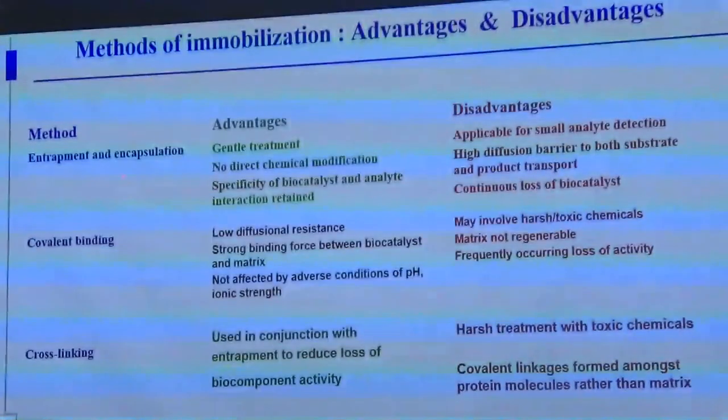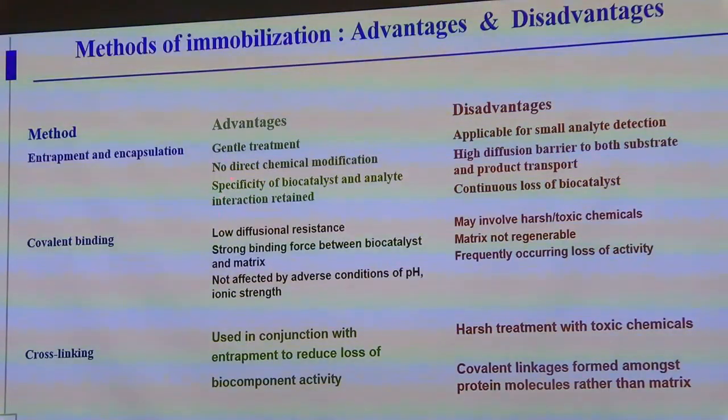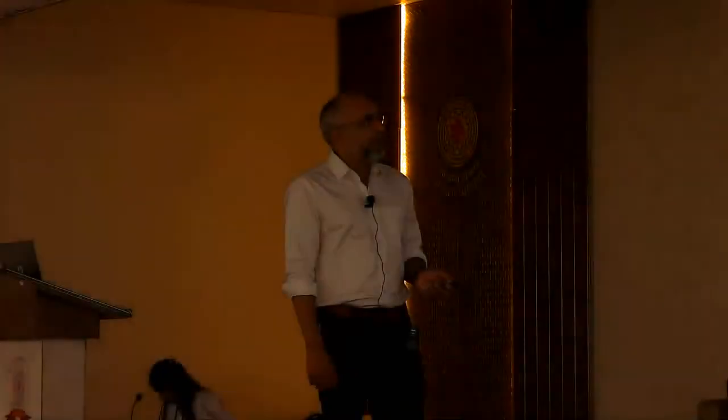Each method has its advantages and disadvantages. For example, the first one is a very gentle treatment, and there is no direct chemical modification. It is specific, so the catalyst and analyte interaction remains. The basic characteristics of that enzyme remain.